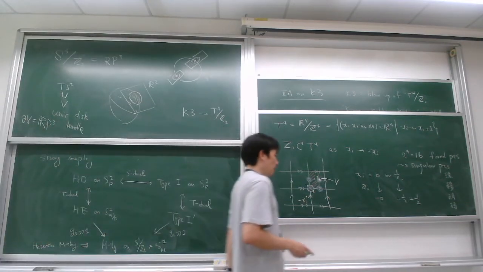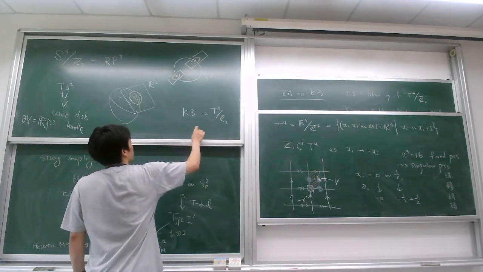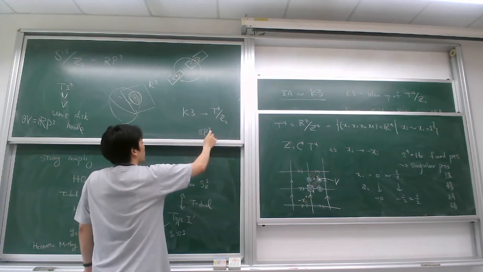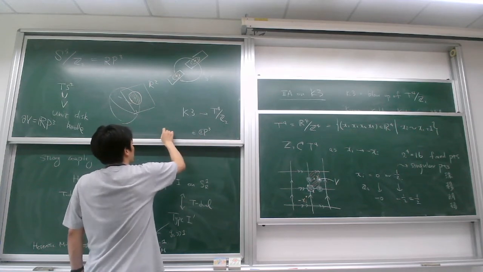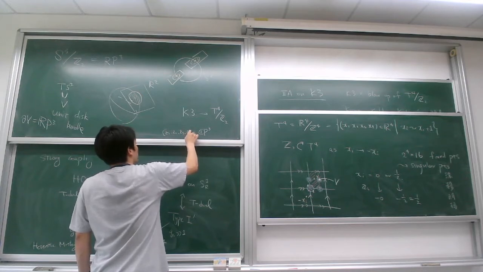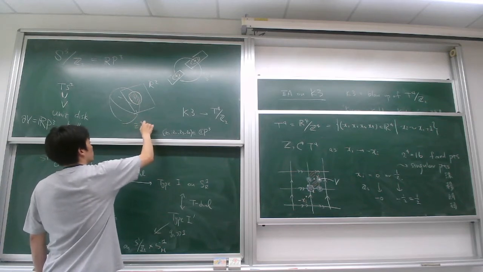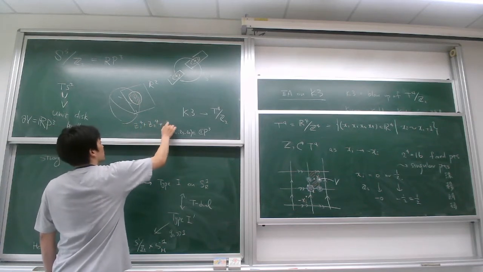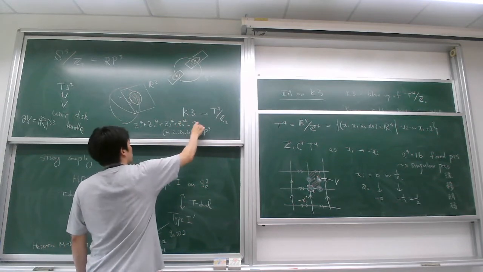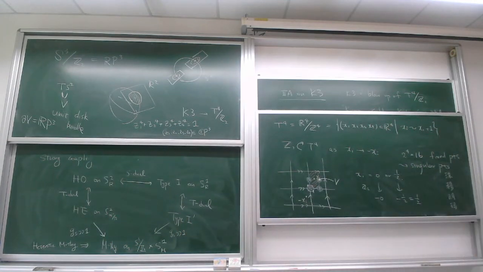Algebraically, there are a lot of constructions. For instance, if you consider CP3, you have coordinates Z1, Z2, Z3, and Z4. And if you consider the surface Z1 to the fourth plus Z2 to the fourth plus Z3 to the fourth plus Z4 to the fourth is equal to 1, you will get the K3 surface.